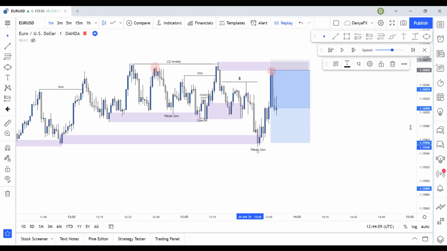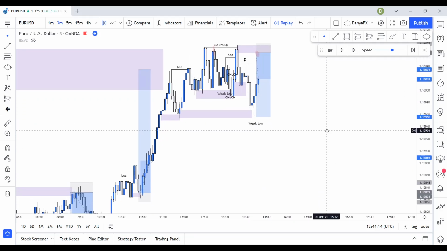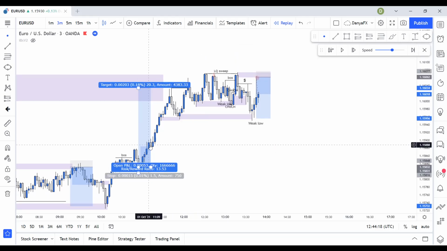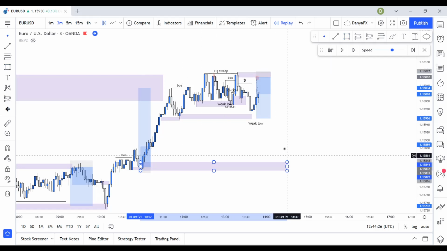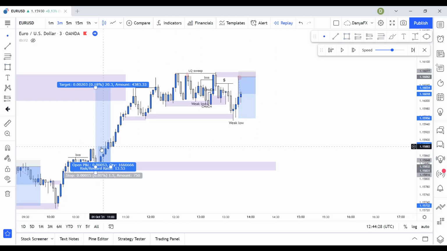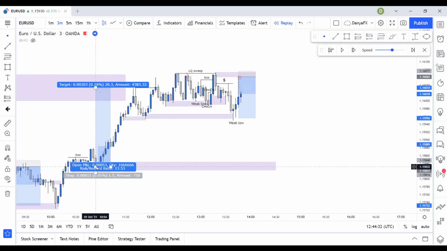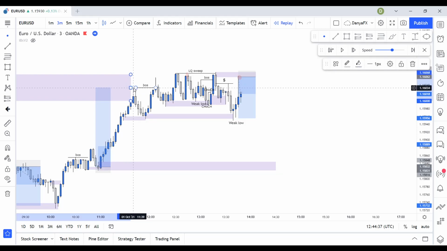And to take profit, I am actually watching it on 3 minutes. So we had this little pause in the market, but the clearest area for me is this demand zone, which caused the break of structure of this high and created the bullish leg to our higher time frame supply zone.